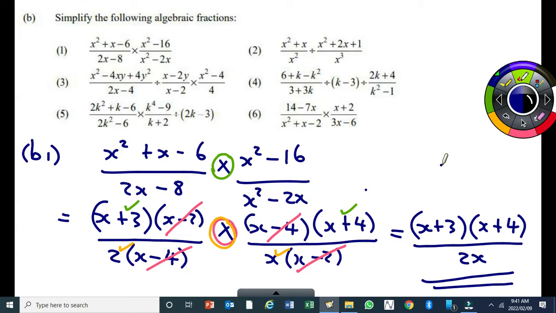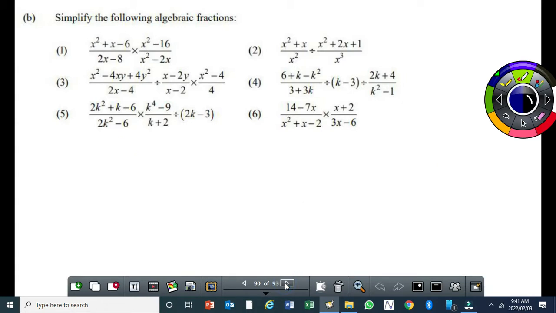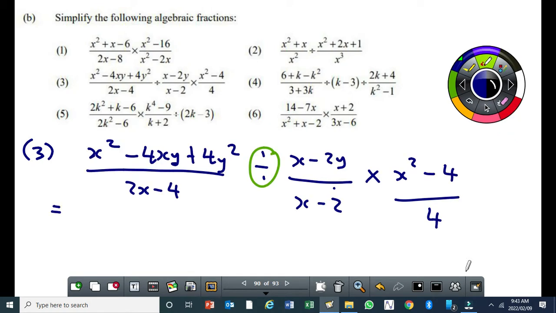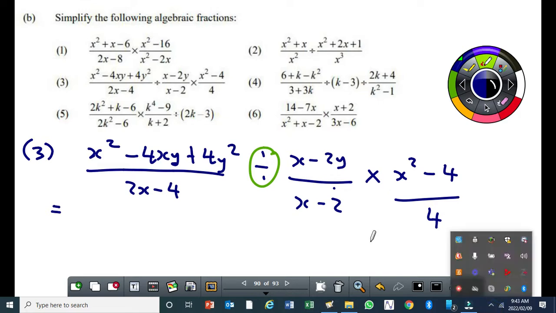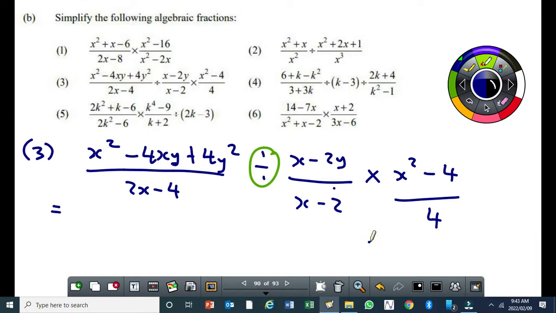So let's do one which has got division. Right. So number 3, it looks scary and tell me the factors. Factorize it. Do it somewhere in your book quickly and tell me the answer.